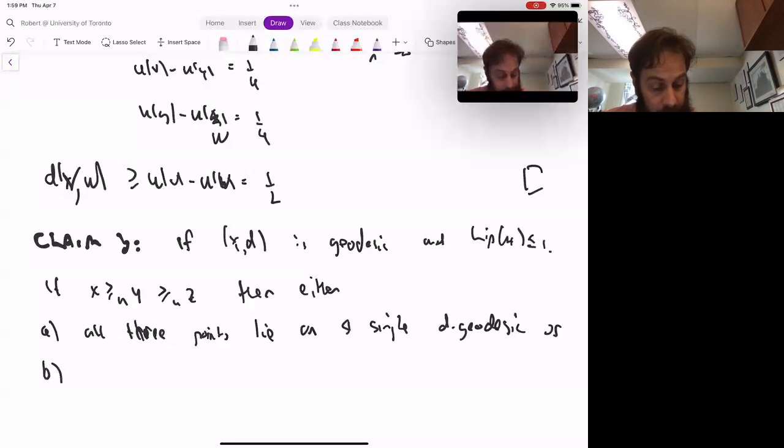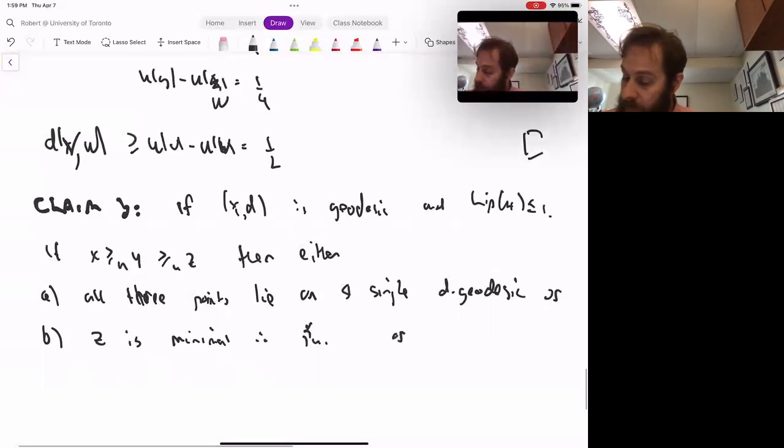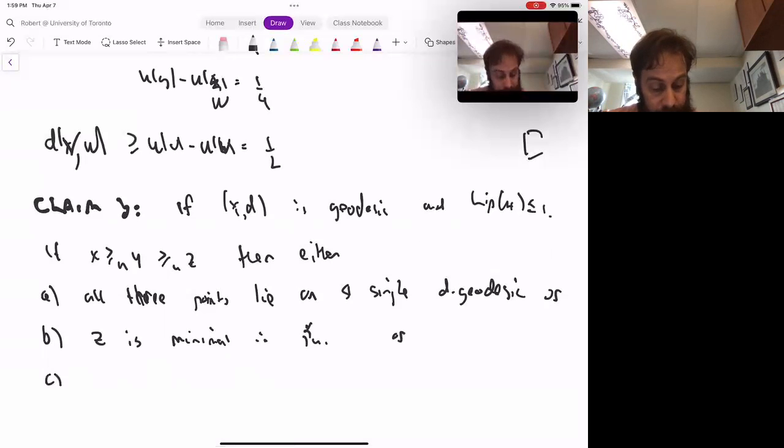or Z is minimal in the ordering, or there's a geodesic which branches.